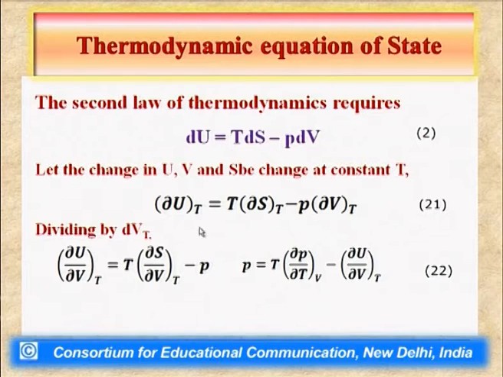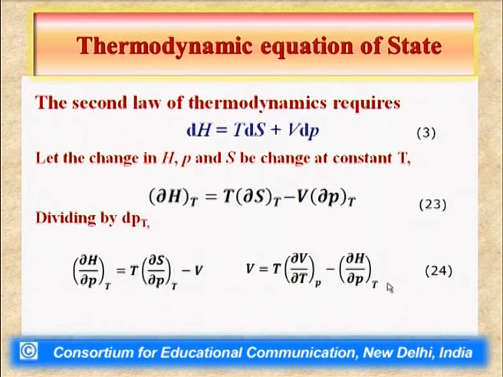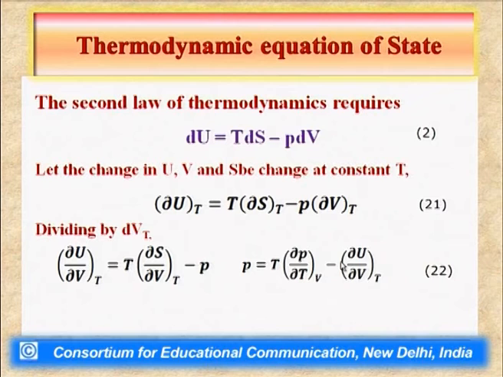Now, all we can do is divide this equation by dV and keep the temperature constant, that is, under isothermal condition. So what we get is (∂U/∂V) at constant T equal to T(∂S/∂V) at constant T minus P, because dV cancels there. So we can rearrange to get the pressure of the system, which is related to the temperature, the differential coefficients ∂P/∂T and ∂U/∂V.